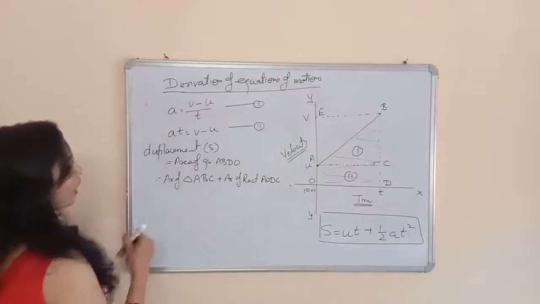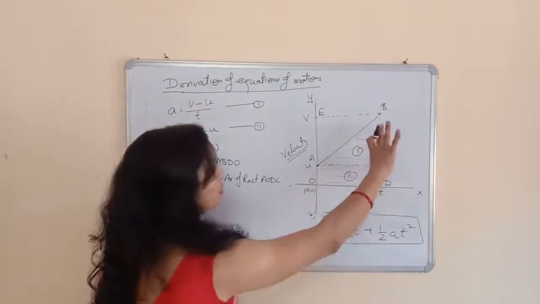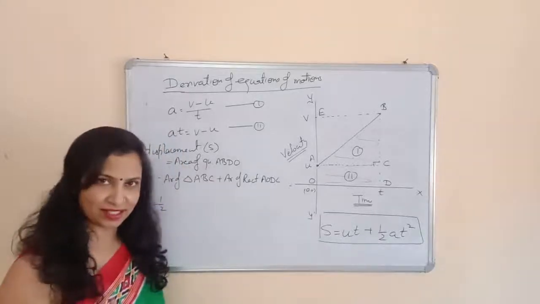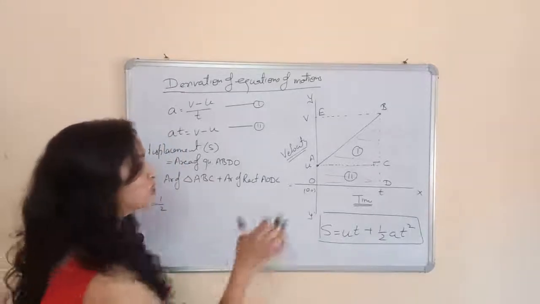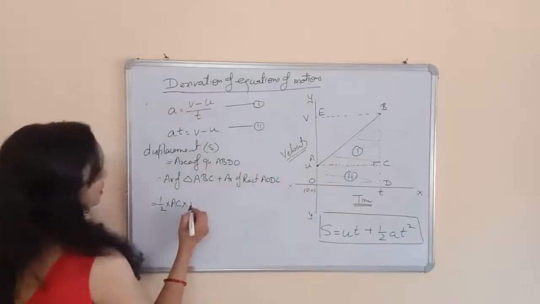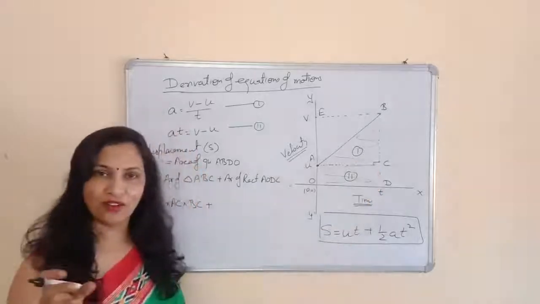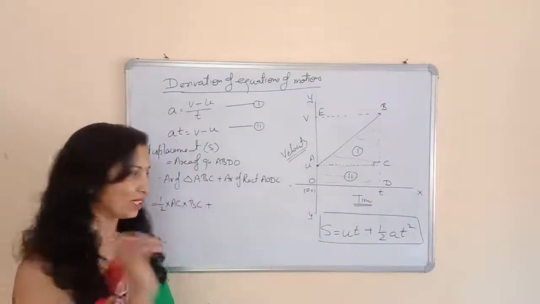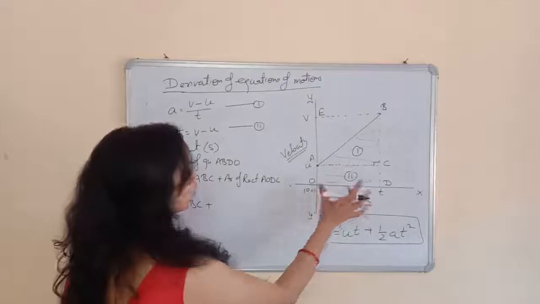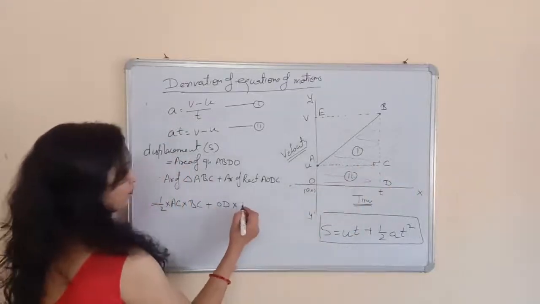So what's about the triangle ABC, area of triangle ABC? Area means 1 upon 2 base into height. For a right angle triangle, we know that area is equal to 1 upon 2 base into height. So what is the length of base? It is AC. And height is BC. Plus area of rectangle. Rectangle means the area of, length multiplied the breadth. So we can say the length is OD and breadth is AO or CD.